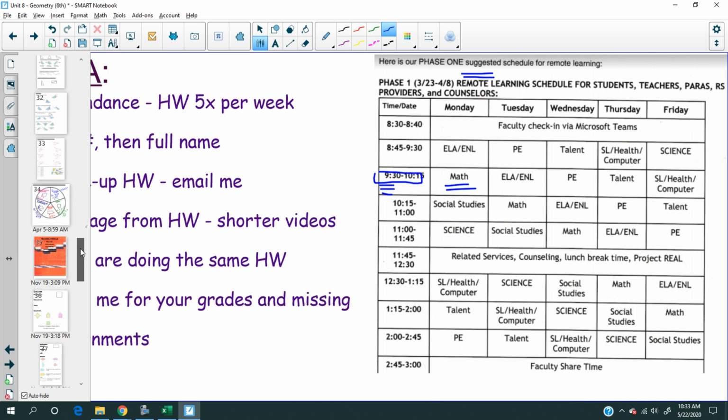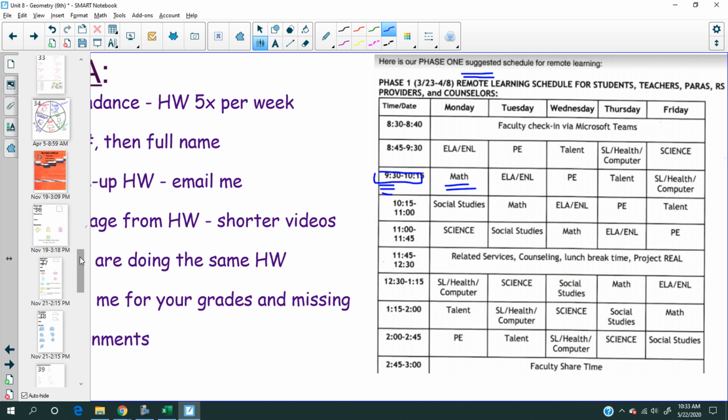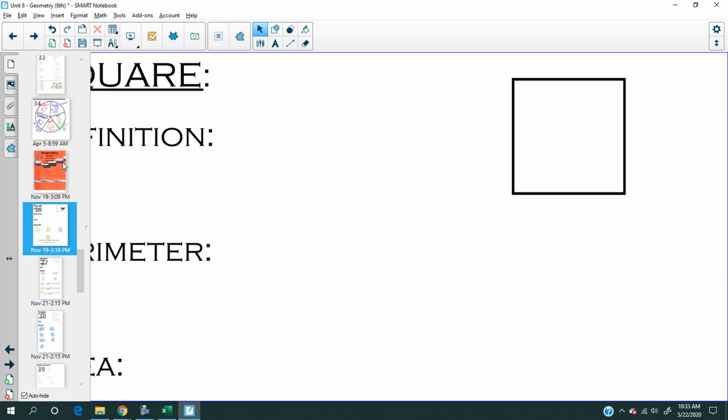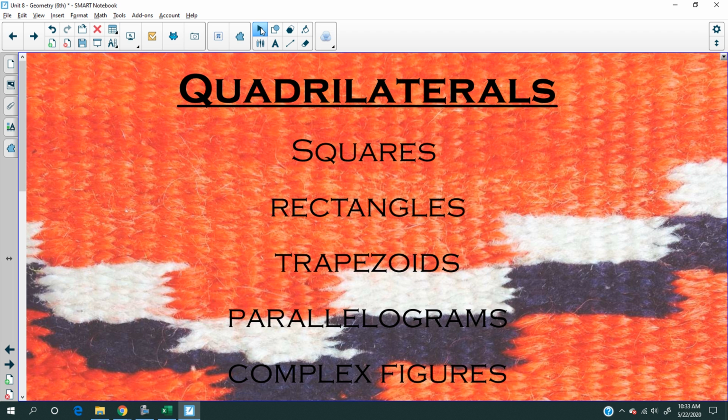Today, I kind of want to go pretty fast with these quadrilaterals this week because the first two of which you have a lot of familiarity with. We're gonna talk about these following quadrilaterals. Squares and rectangles, that's today.